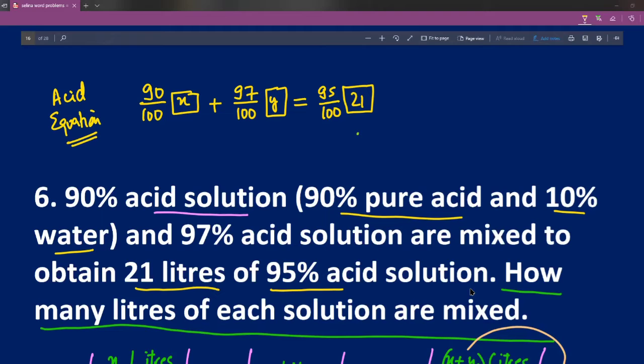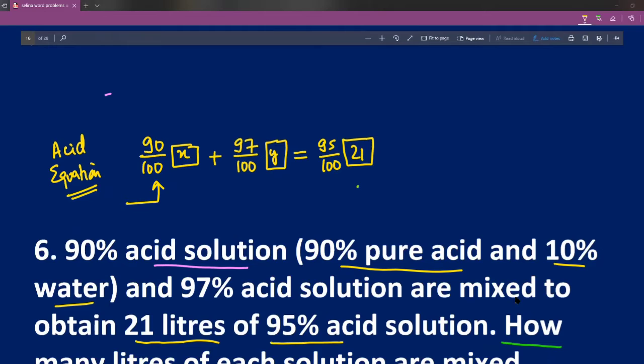If you have any doubt regarding this, let me take some time and try to explain it to you. Let us look at this definition.